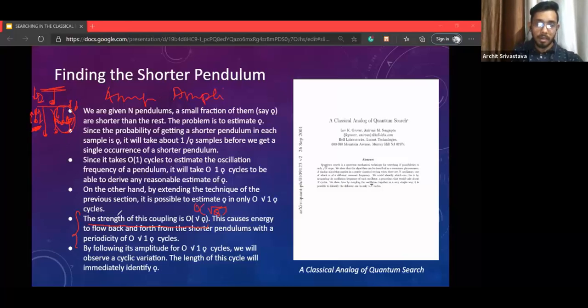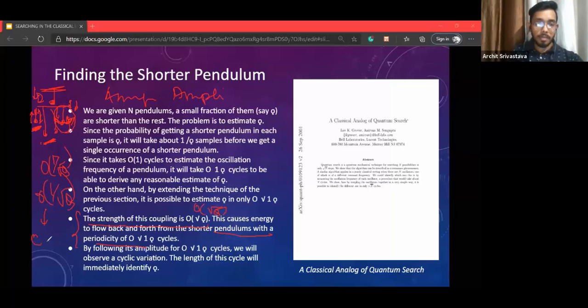The periodicity of the pendulum is 1 upon root Q cycles, and because the energy flows back and forth between these pendulums, the amplitude over O of 1 over root of Q cycles will be observed in a cyclic variation.